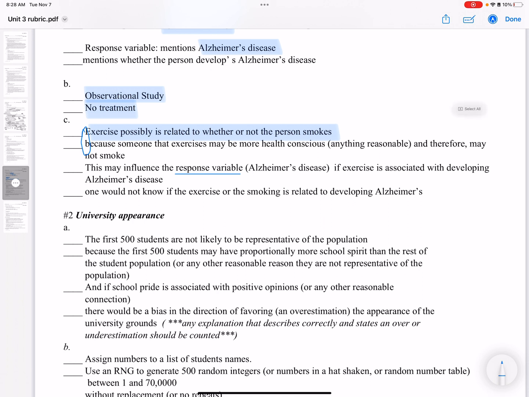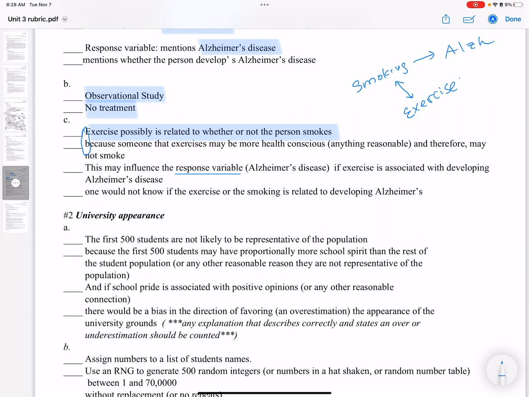So basically what we're saying right now is that smoking influences Alzheimer's. And now you're saying, well, actually, I've got another one here where I have exercise. And exercise might be related to whether I smoke or not. But then I said this may also influence the response variable.